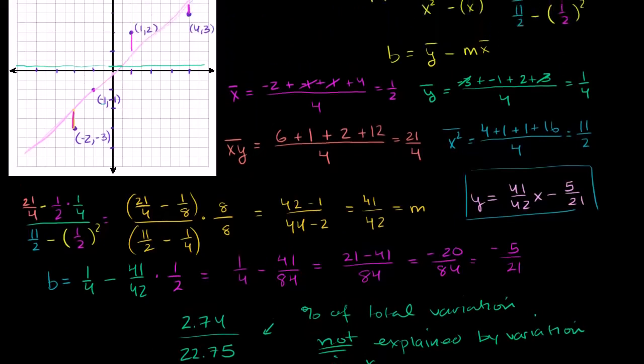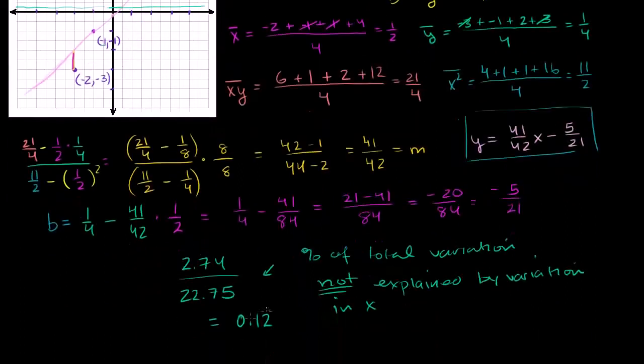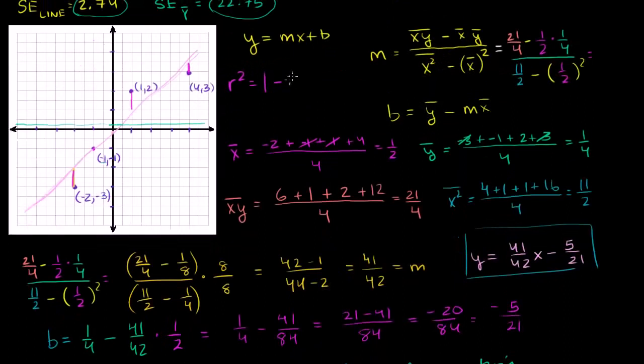So our r squared, which is the percent of the total variation that is explained by x, is going to be 1 minus that 0.12 that we just calculated, which is going to be 0.88. So our r squared here is 0.88.